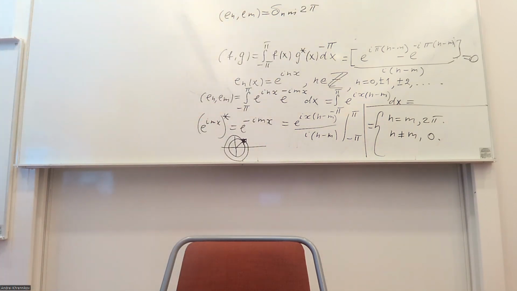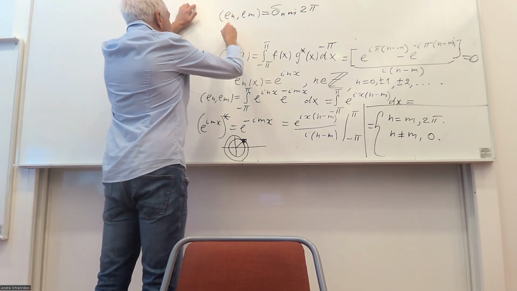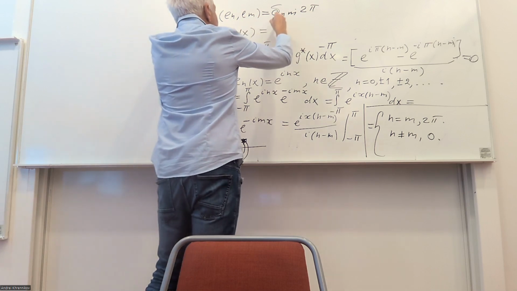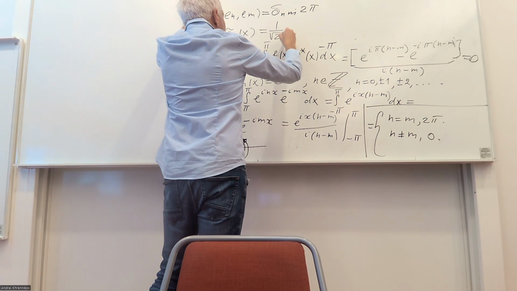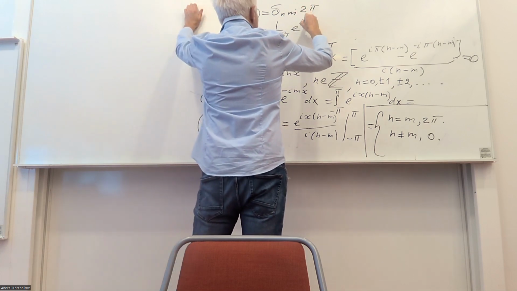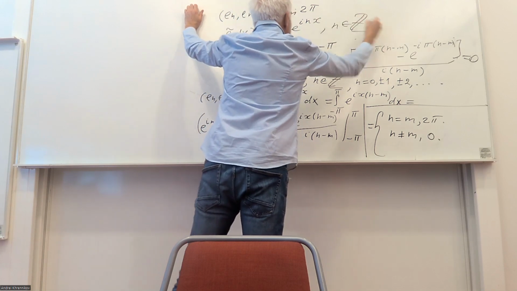So let us normalize them by the square root of 2 pi and write, for example, e_n tilde of x, which is 1 over the square root of 2 pi, times the exponent e^{inx}, where n is an integer number.